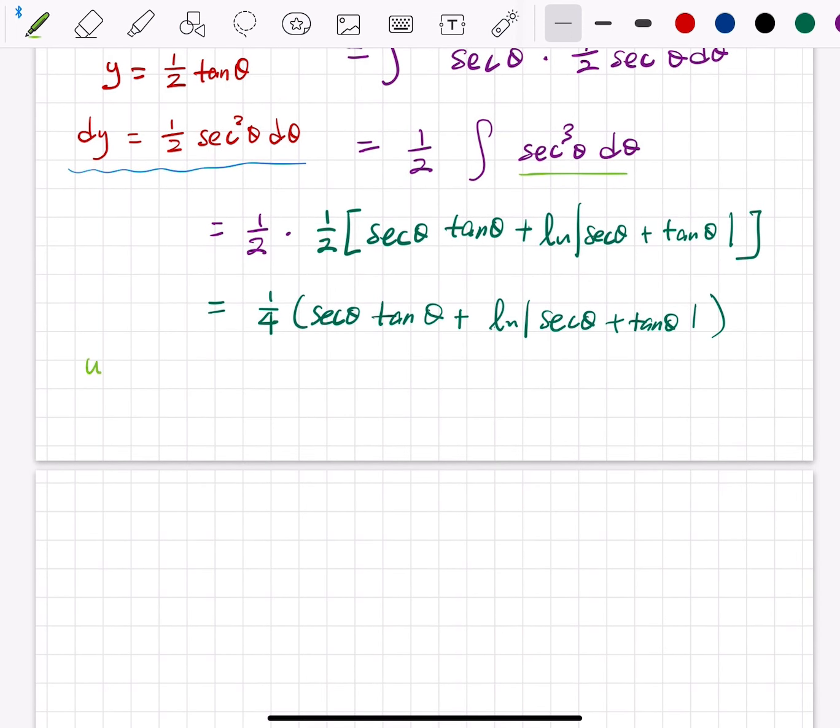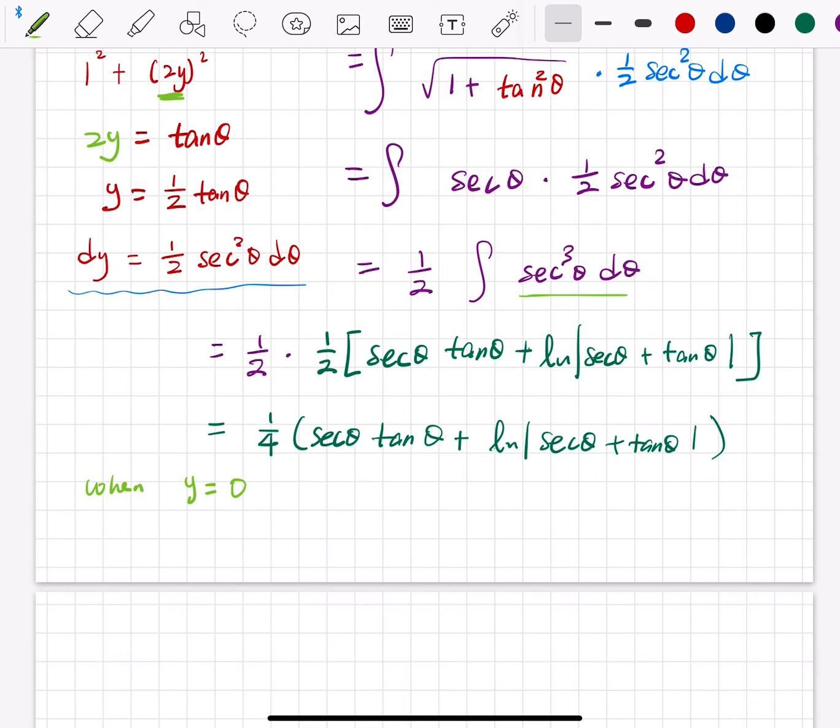So when y equals 0, tangent theta is going to be 2 times y, which is 0 again. Then for that situation, theta is going to be 0.